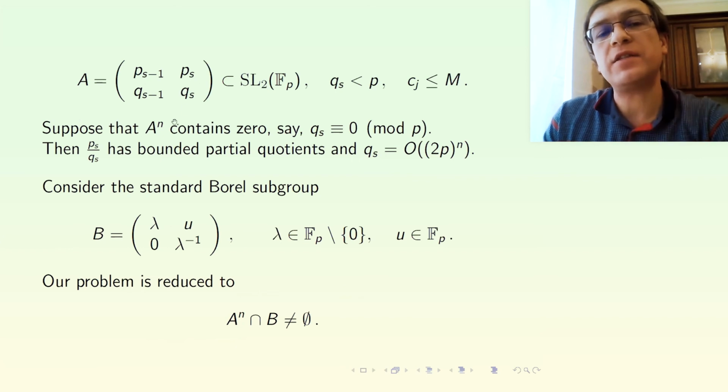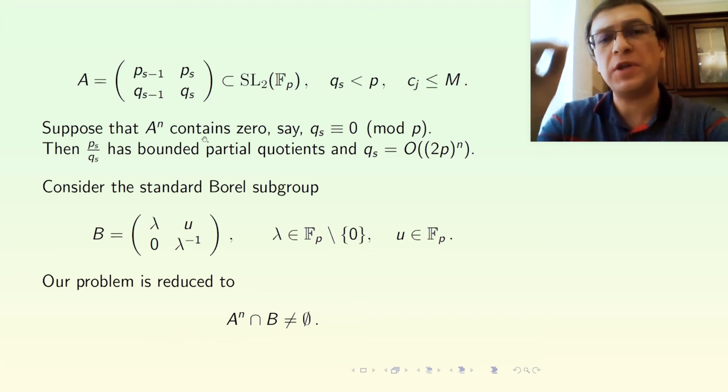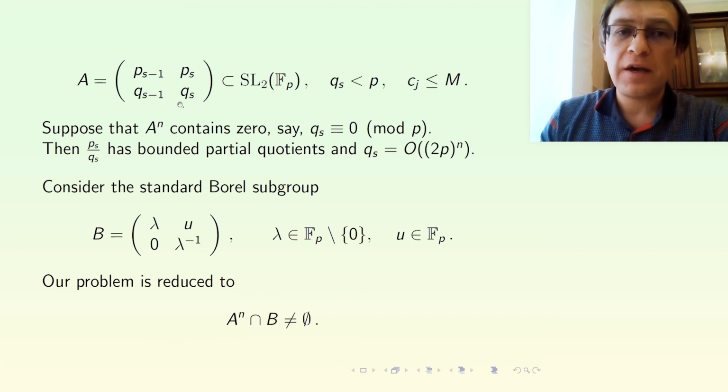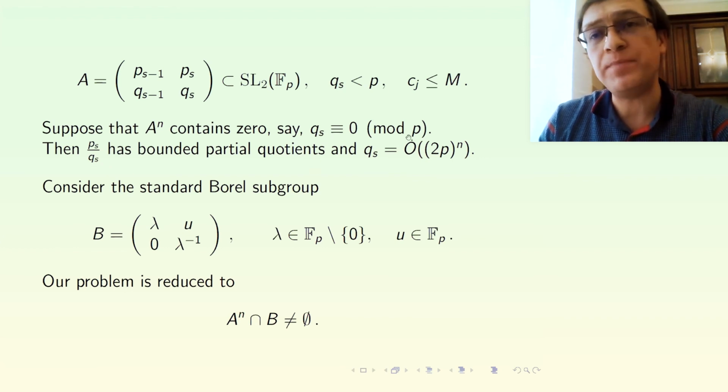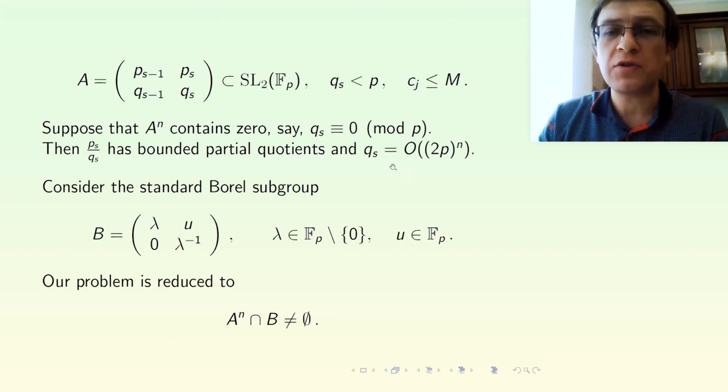Consider after that the powers of A. Powers are taken in SL2 of P. And suppose that you can find a zero element in A to the N, say Q to the S. Then you see that my quotient PS over QS has the denominator which is divisible by P. And because this QS belongs to the power of A, it's easy to calculate the size of QS. It's basically P to the N, 2P to the N.